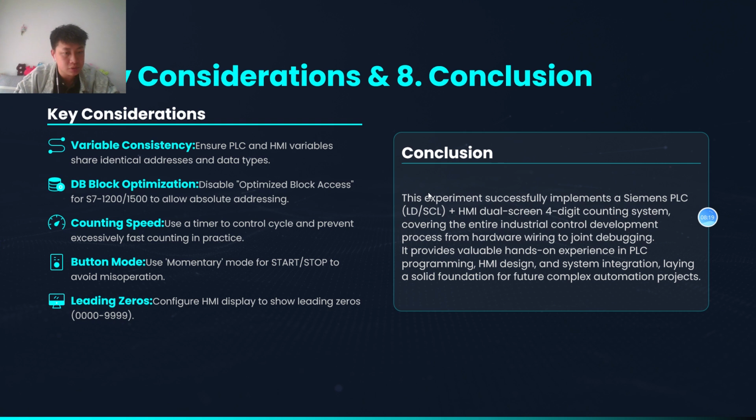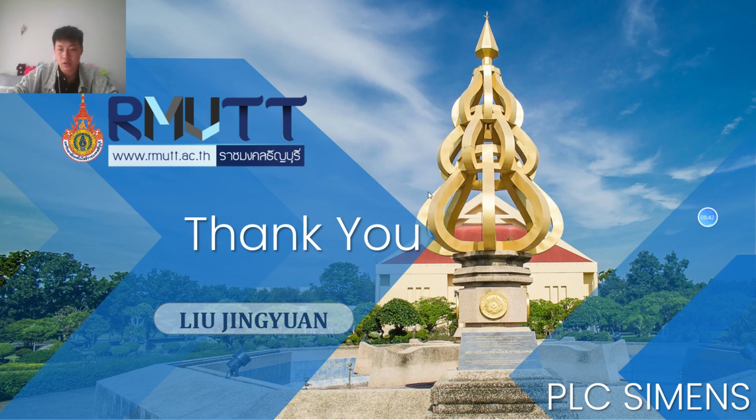And the counting speed: use a timer to control the cycle and prevent excessively fast counting in practice. And button mode: use momentary mode for start and stop to avoid miscalculation and leading zeros. Okay, that's all about Siemens PLC. Thank you.